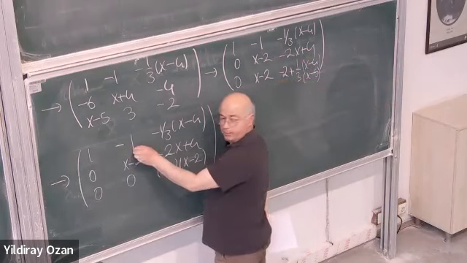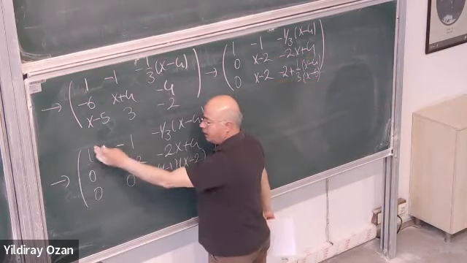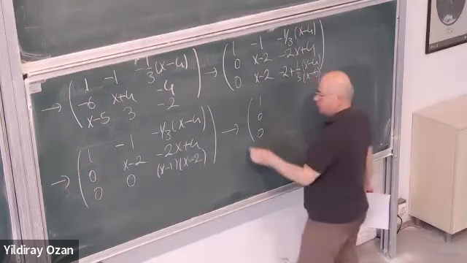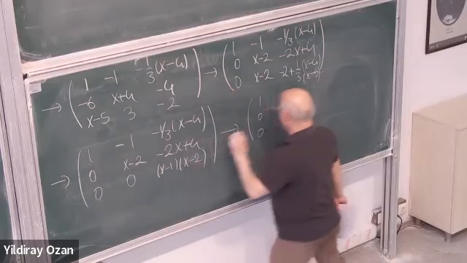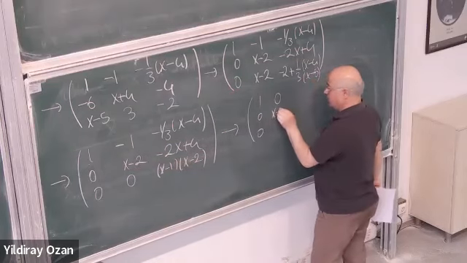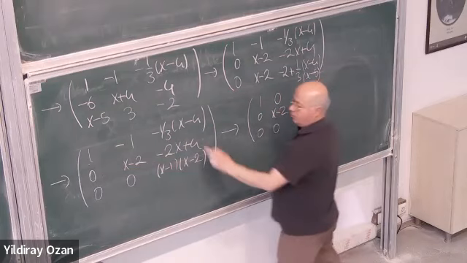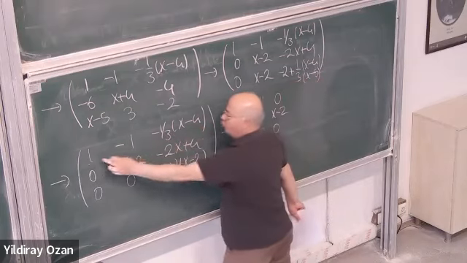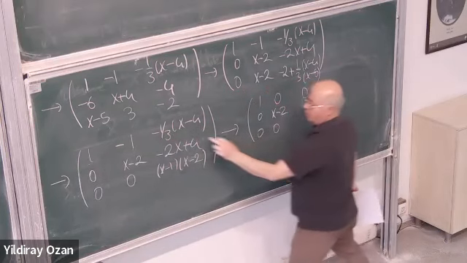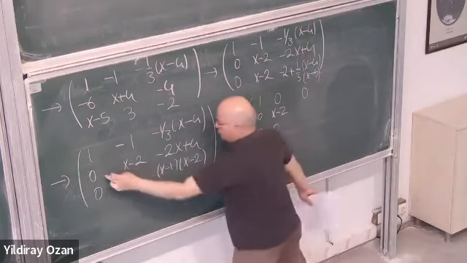Bunu öldürebilirim. Değil mi? Birinci column'ı, add the first column to this one. So I have 1, 0, 0. Bunu öldürdüm. Burası 0 olduğu için buna bir şey olmadı. Bunu da öldürürüm. Nasıl? 1 bölü 3 çarpı x eksi 4 ile çarpıp toplayıp bunu öldürdüm. Buna bir şey olmadı çünkü burası 0.